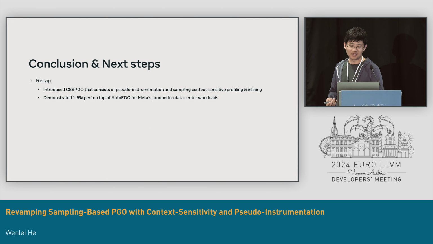So we introduced CSSPGO, and we show that CSSPGO can deliver about 1 to 5% performance on top of AutoFDO for Meta's data center workloads. I'd also like to share some thoughts on PGO and its evolution in LLVM. For many compilers, PGO felt like a bolt-on piece.